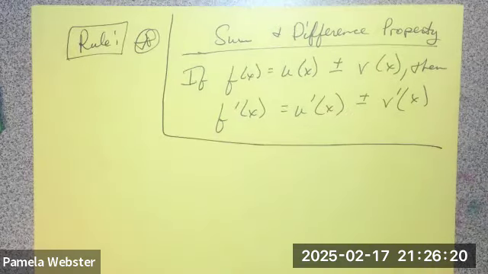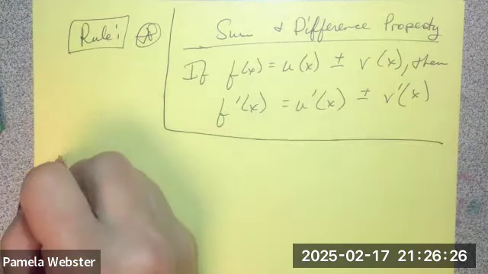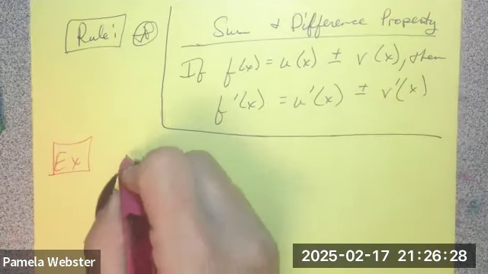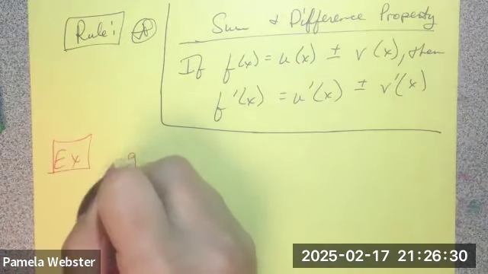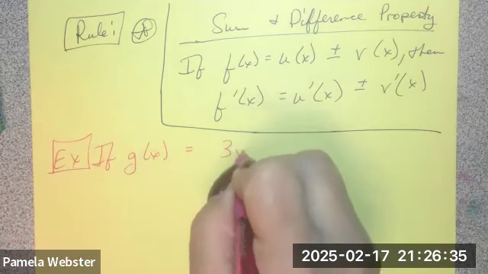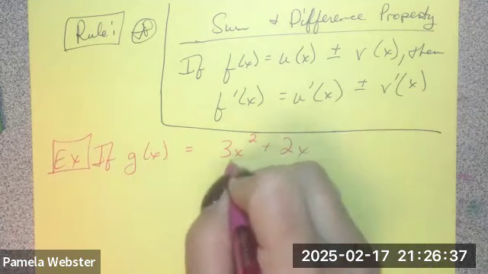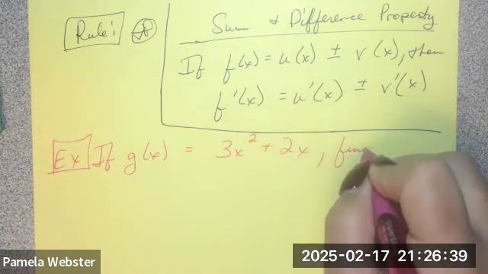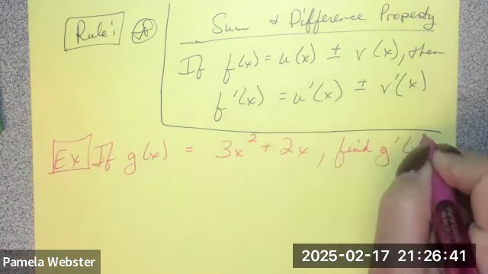So the rule kind of looks a little bit crazy, but what does it really mean? What it means is whenever I have a great polynomial, you have something that looks like g of x equals 3x squared plus 2x, and they want me to find g prime of x.